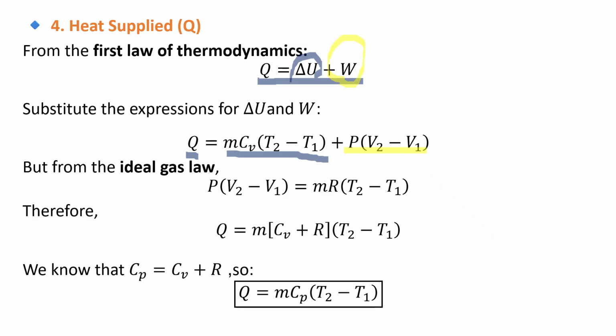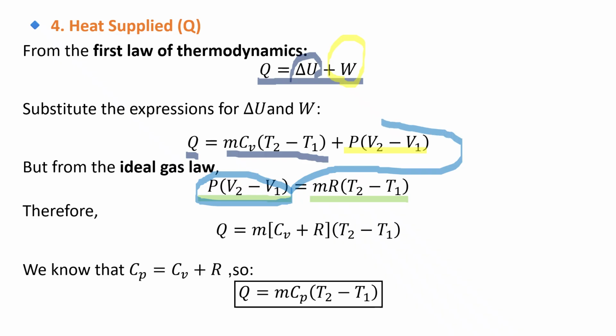Now as per the ideal gas, PV equals mRT, so P into (V2 minus V1) equals mR into (T2 minus T1). So we replace P into (V2 minus V1) in this equation with mR into (T2 minus T1), and that is placed here.